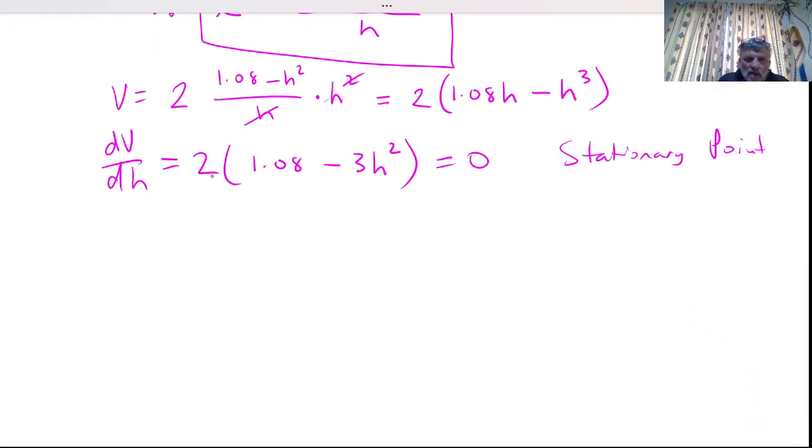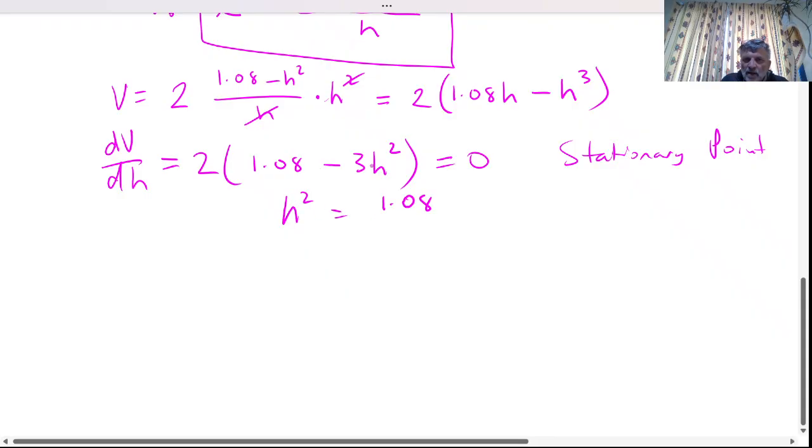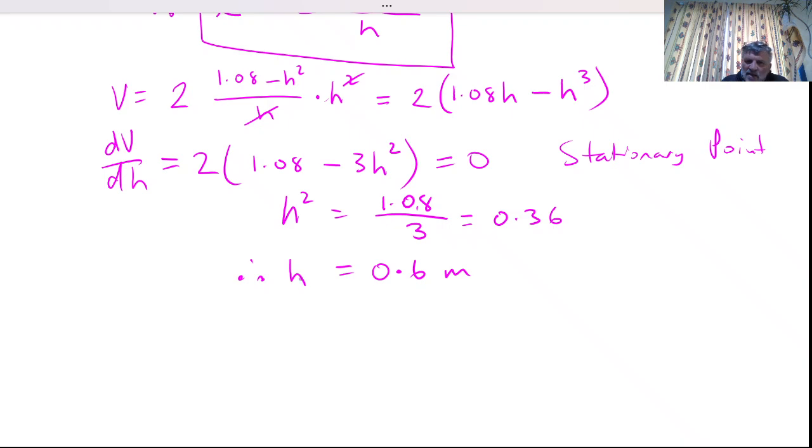So this is equal to 0, divide by 2, that's still 0, shift the 3h squared onto the other side, so we get 3h squared is equal to 1.08, so h squared is 1.08 divided by 3, which is 0.36, therefore h is 0.6, and that's in meters. Plus or minus when you're taking a square root, but lengths of sides can't be negative, so we have to use the positive solution.